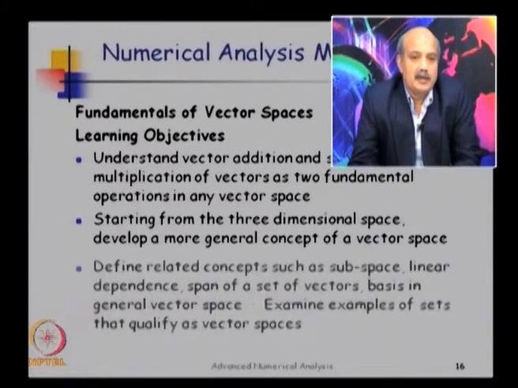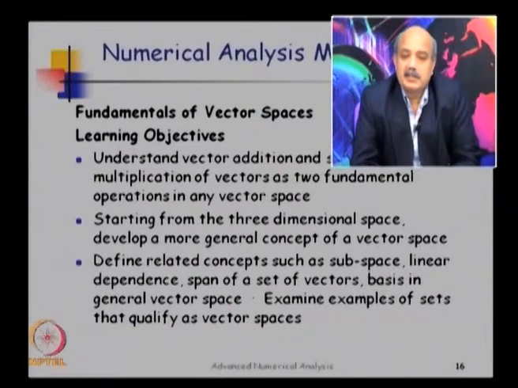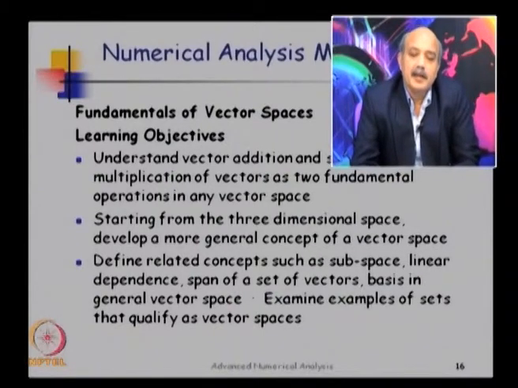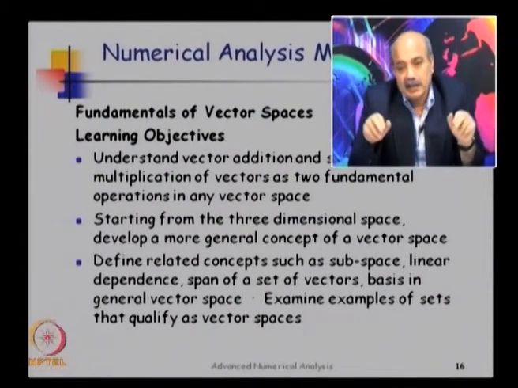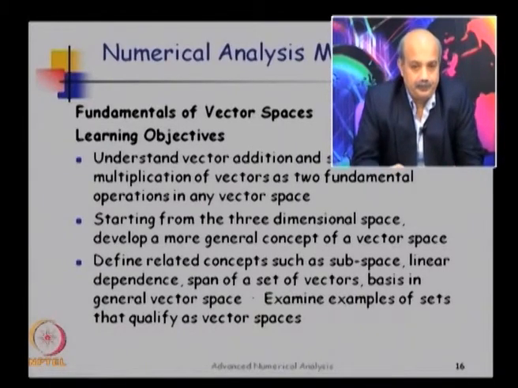So we are going to look at these abstract notions of vector space and generalized vector spaces like function spaces. So a vector in this vector space is a function.